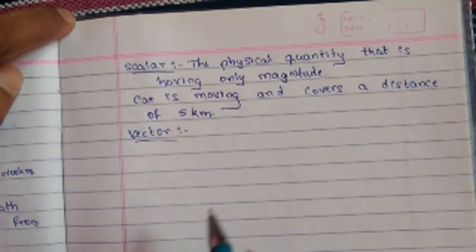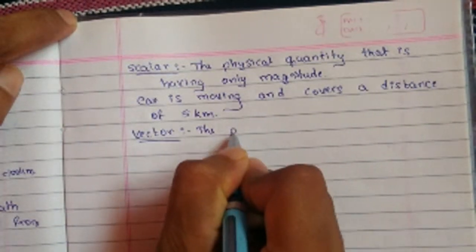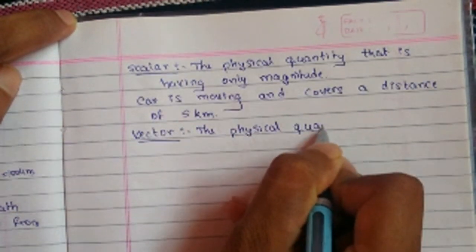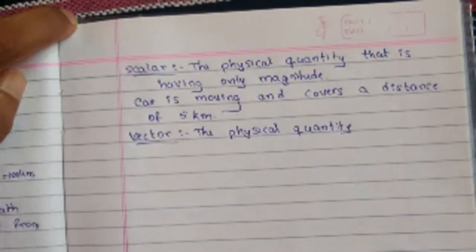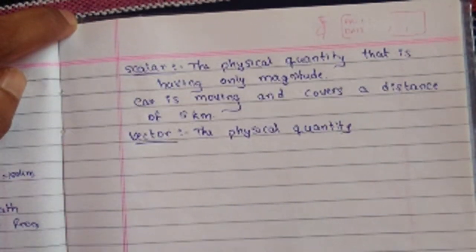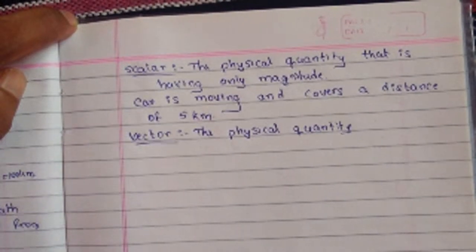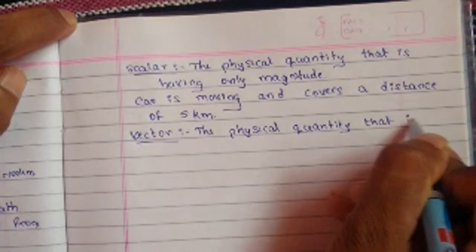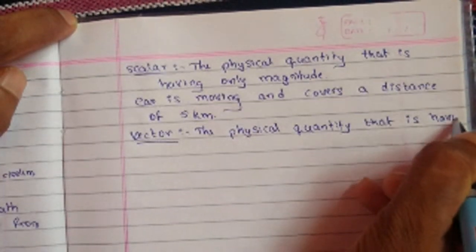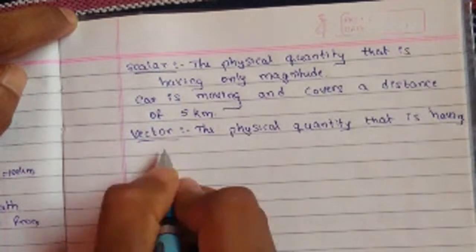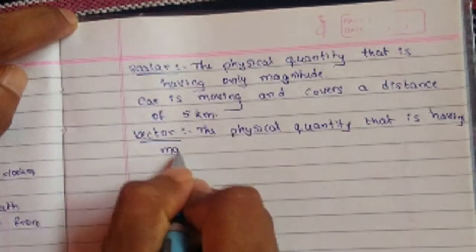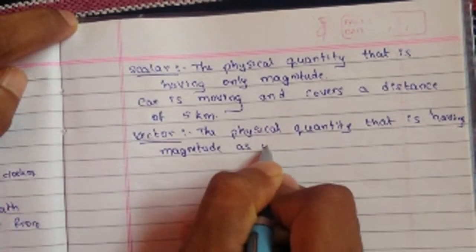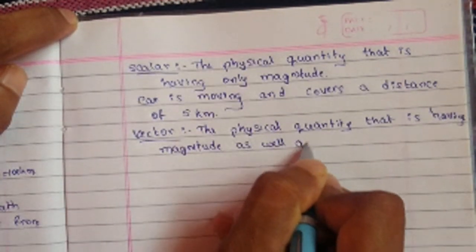Okay. Vector quantity means the physical quantity that is having magnitude as well as direction.